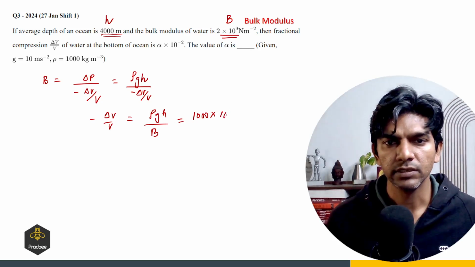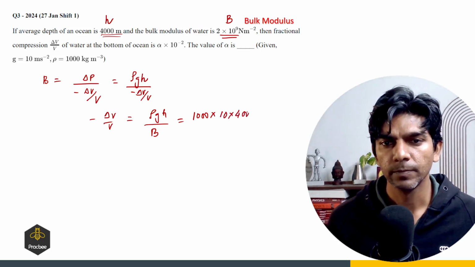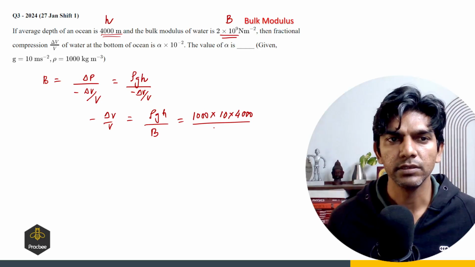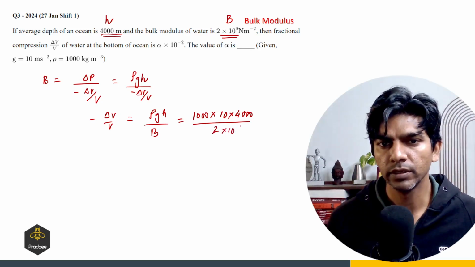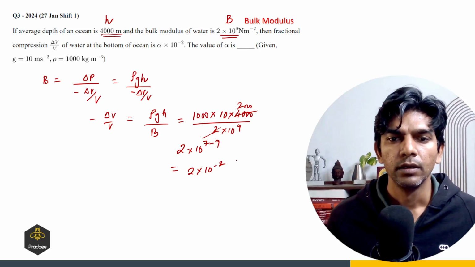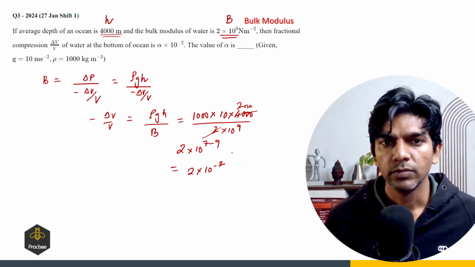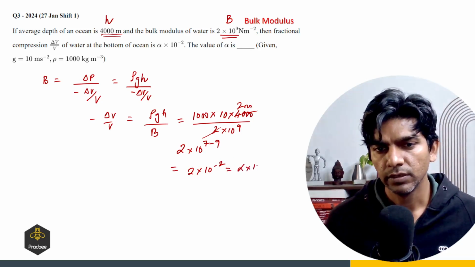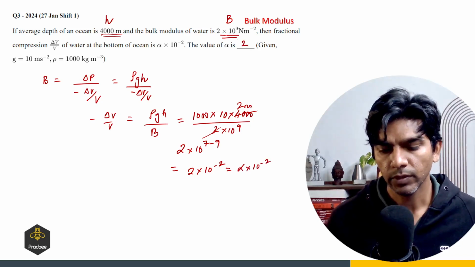So G is given as 10, H is 4000, and bulk modulus is given as 2 into 10 raised to power 9. So it comes out to be 2 into 10 raised to power 7 minus 9. So that will be 2 into 10 raised to power minus 2. Right? And this is given as alpha into 10 raised to power minus 2. So alpha will be 2.